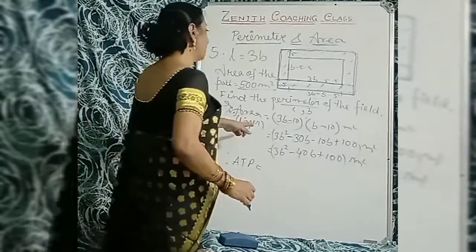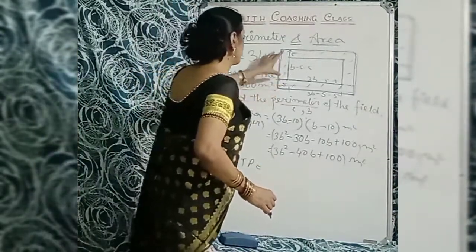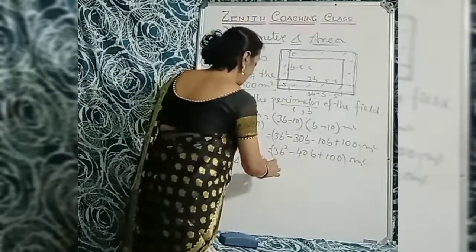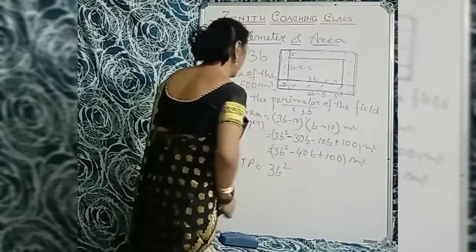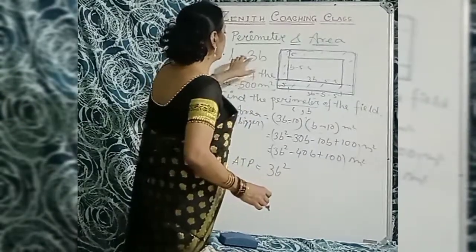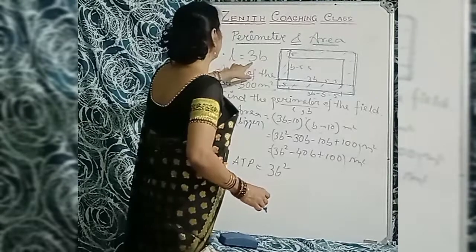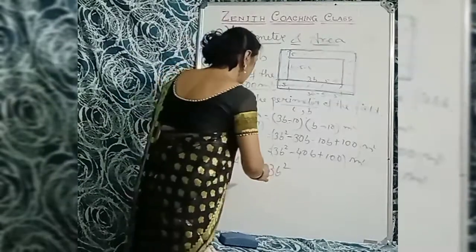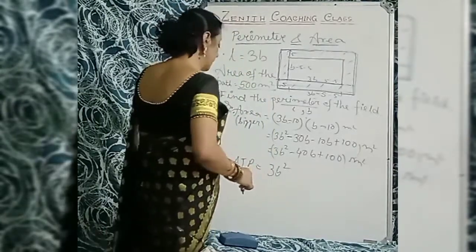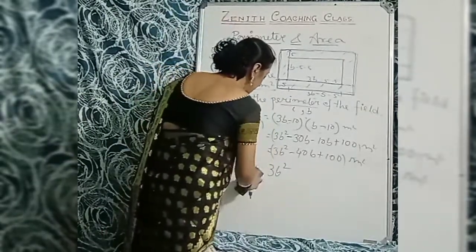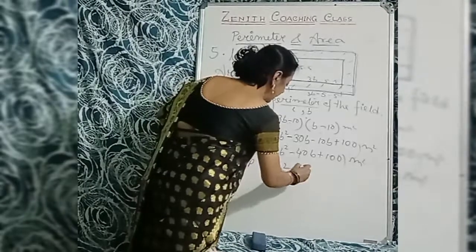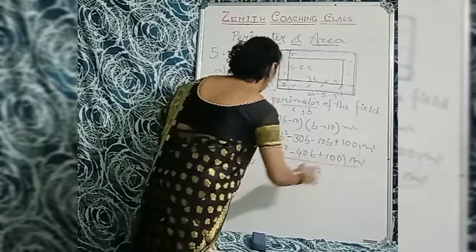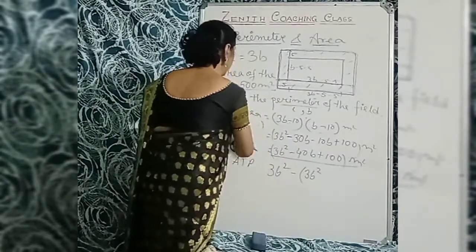the area of the bigger field was 3b square. Why? Length into breadth. Length was 3b and breadth was b, so 3b multiplied by b is 3b square. So according to the problem, 3b square minus the area of the smaller field.